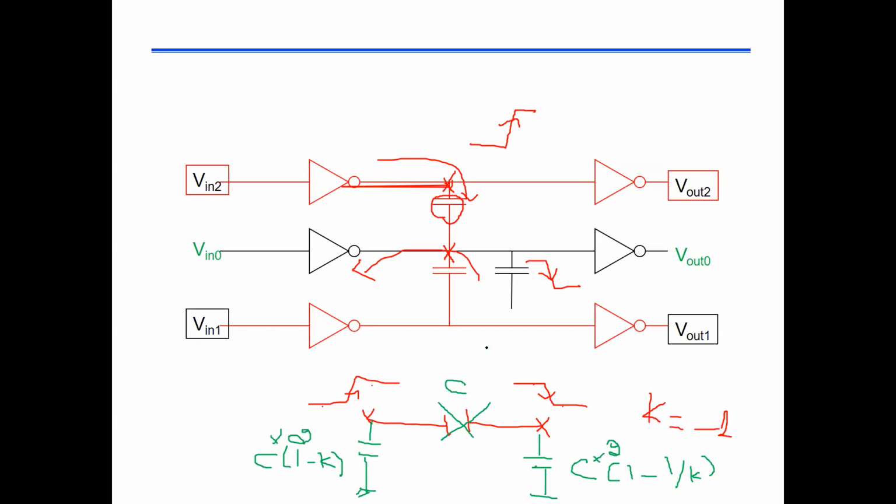Okay, now this capacitor is between node 1 and node 2, so I'm gonna replace it by a capacitor between node 1 and the ground with a value of 2C, and a capacitor here whose value is also 2C.